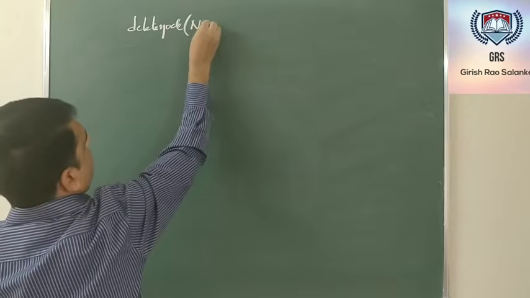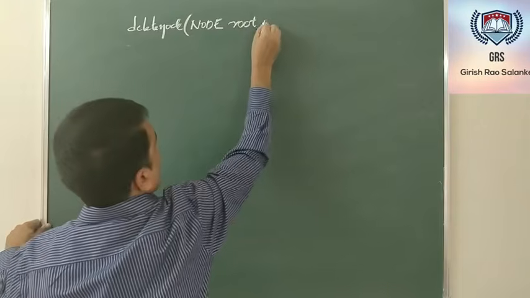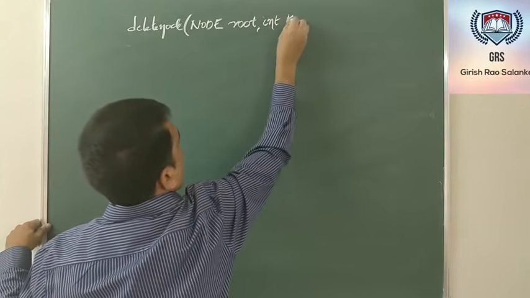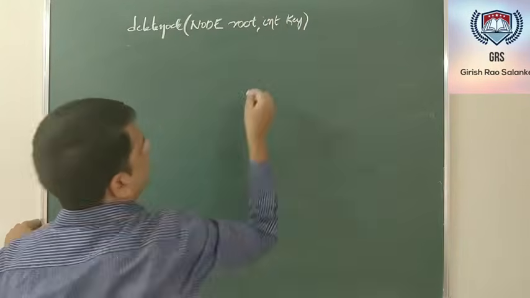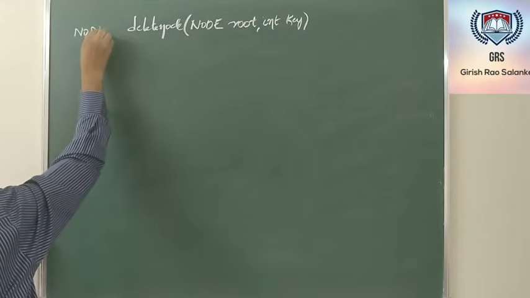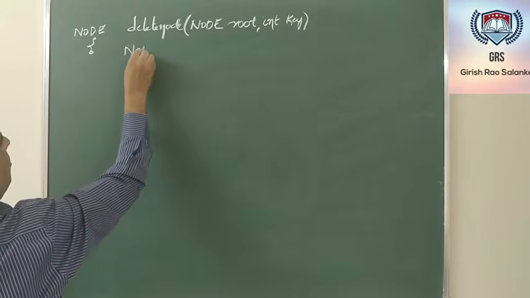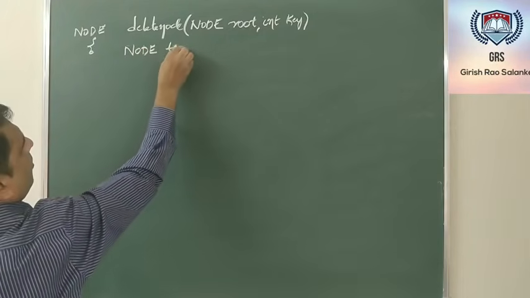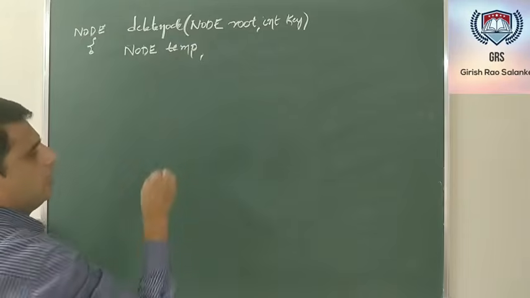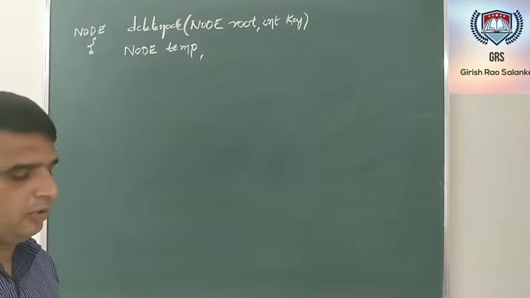The argument to the function is the reference of my root node, and the second argument is the key which is stored in one of the nodes that needs to be deleted. Let me declare temp of the data type node. If required, we'll declare some more variables.